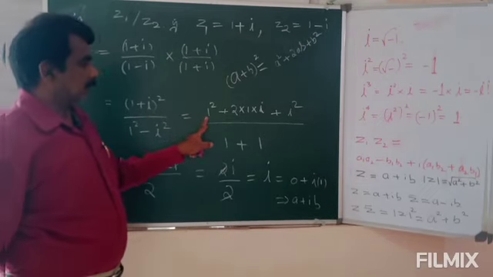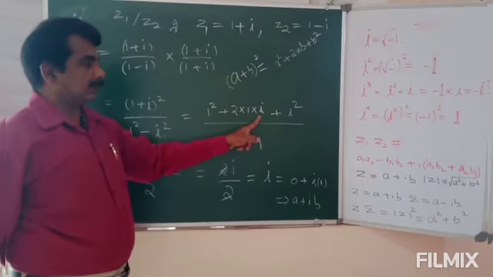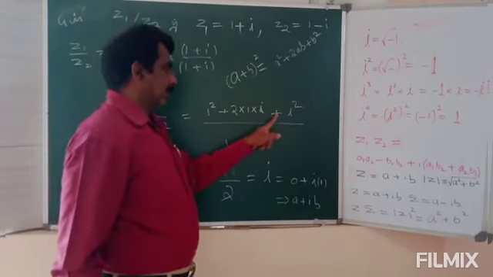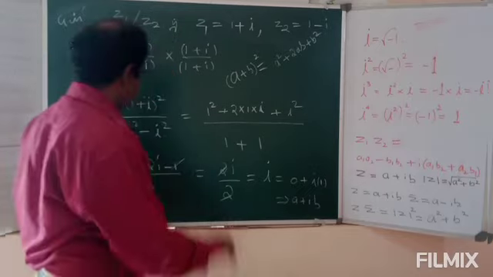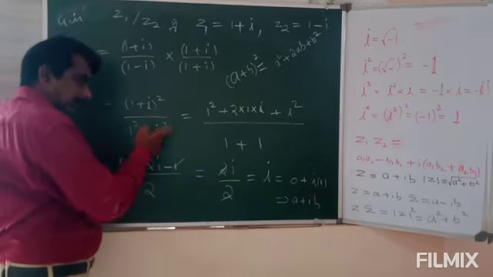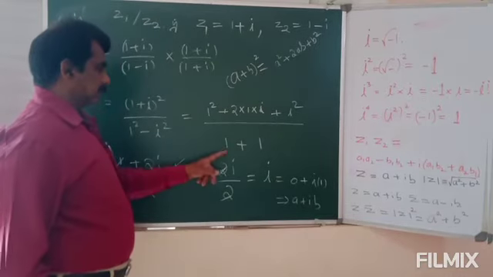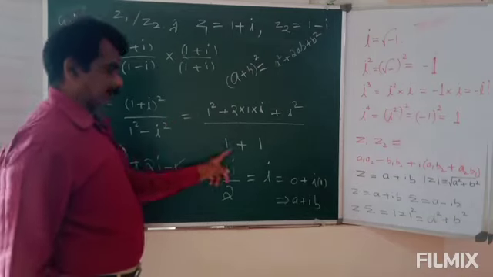So 1 square plus 2ab, with a as 1 and b as i, plus i square, divided by 1 square minus i square, that is minus minus plus, 1 plus 1.